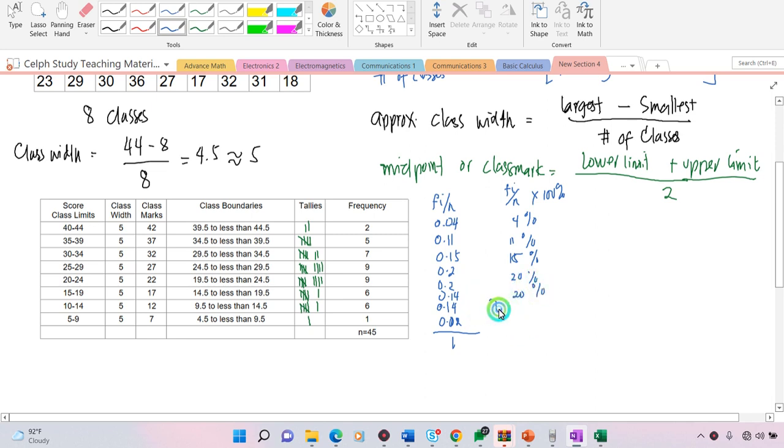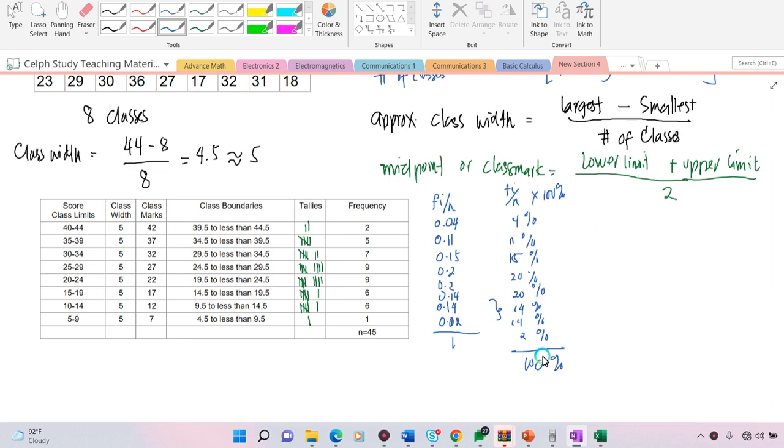This is 14%, the two of them. And this is 2%. These values will sum up to 100 because the sum earlier was equal to 1. So that is your frequency distribution given our numerical data.